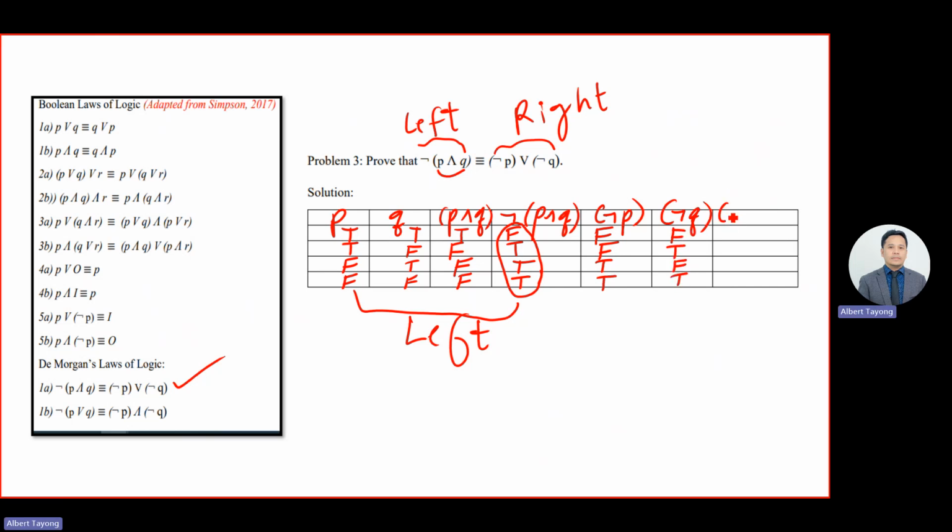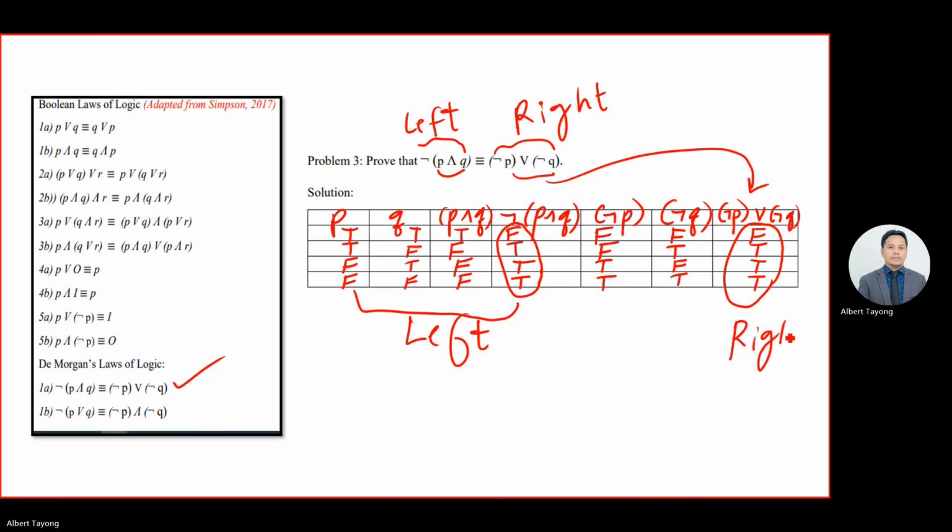Then the whole, not P or not Q. We're going to look at these last 2 columns using OR. So false or false is false. False or true is true. True or false is true. And true or true is true. So looking at the last column, the answer is the same as on the left.